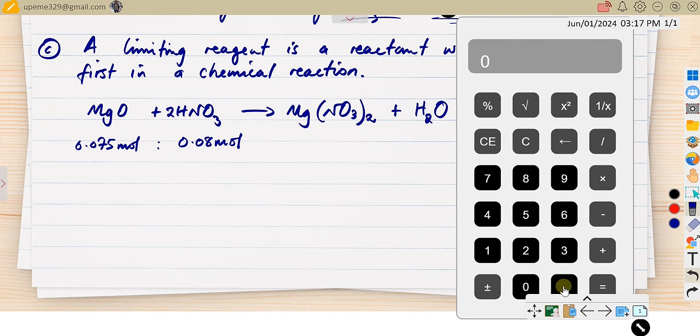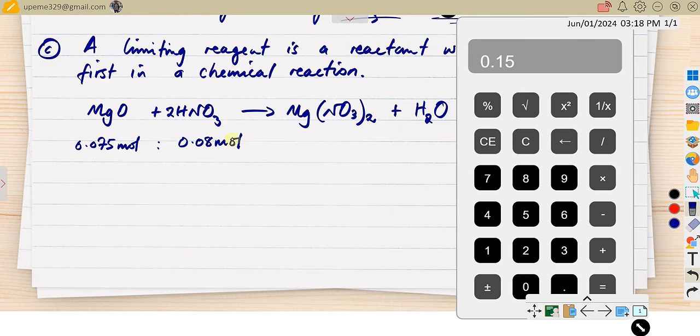If you multiply 0.075 by 2, it gives us 0.15. So here we are supposed to have 0.15. What you need in terms of nitric acid, so that the two consume each other completely, is 0.15.